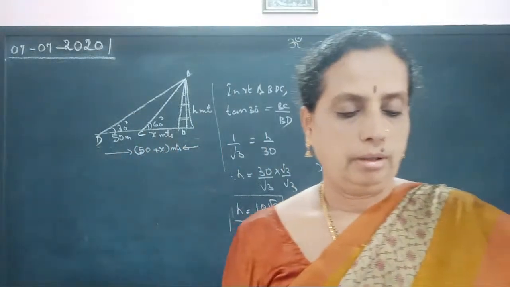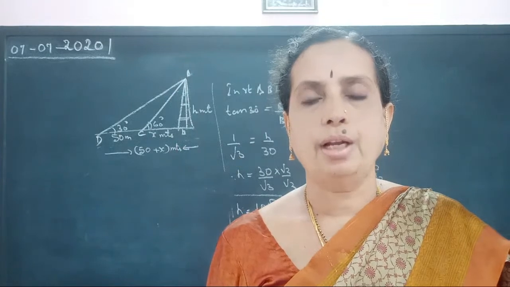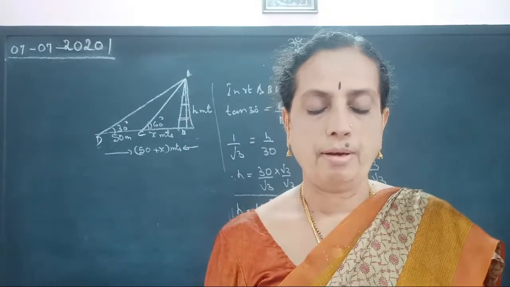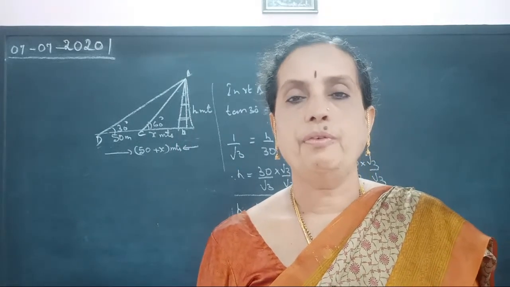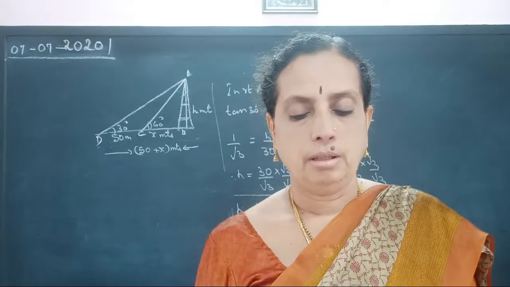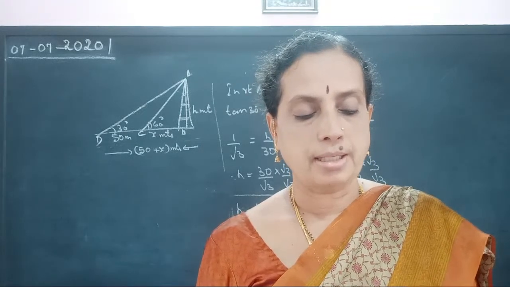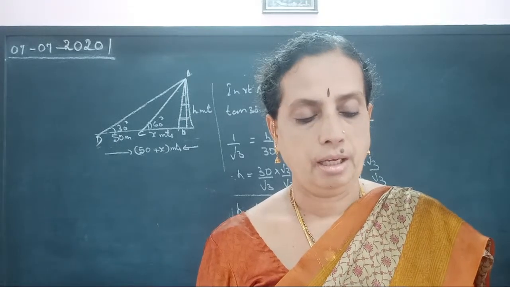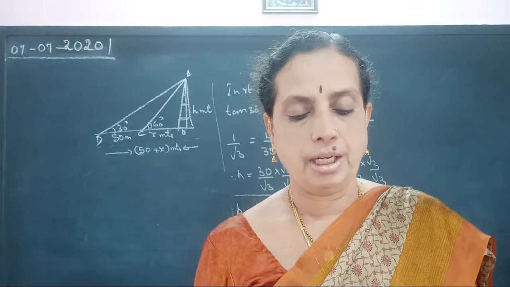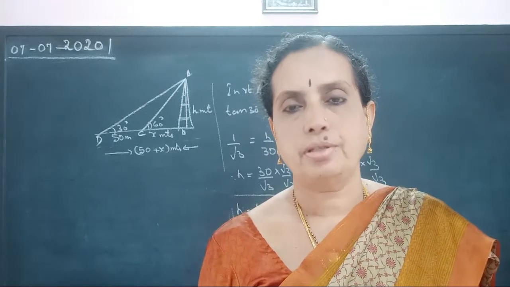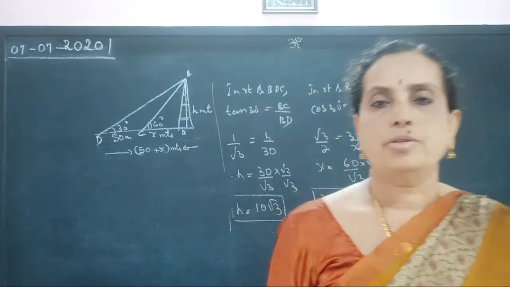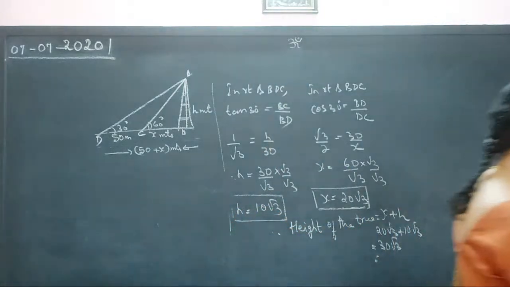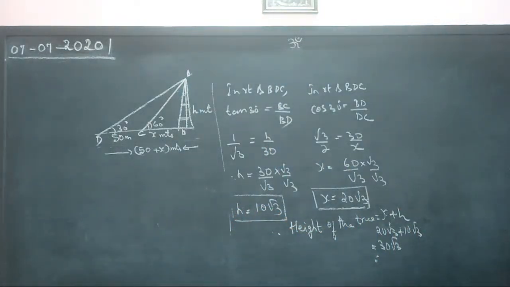Okay. The shadow of a tower standing on a level plain ground is found to be 50 meter longer than when the sun's elevation is 60 degree, when the sun's elevation is 30 degree. Find the height of the tower. Okay. So according to the statement, we have taken the figure.